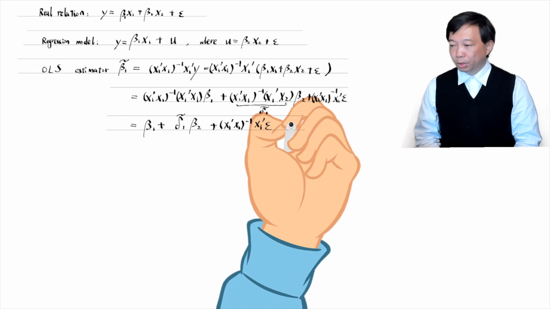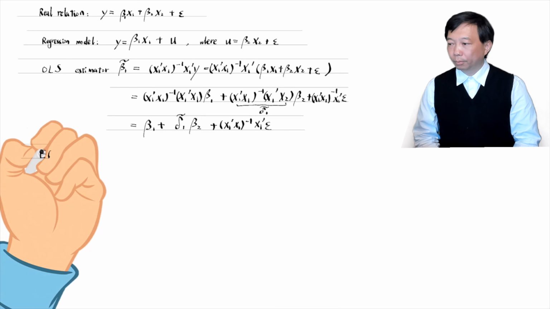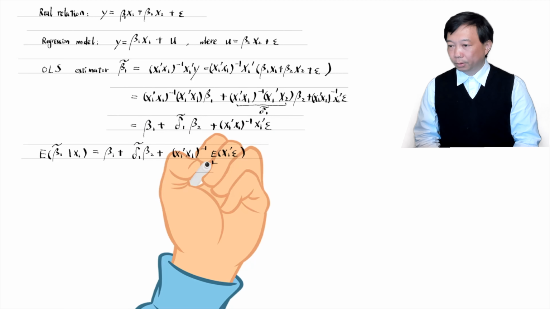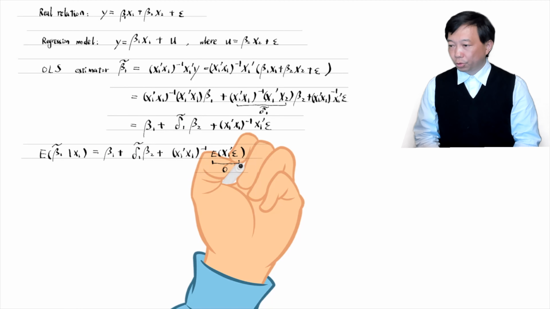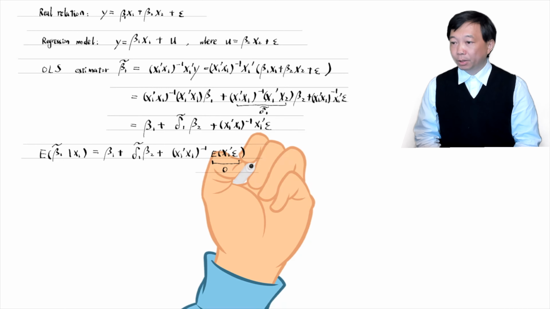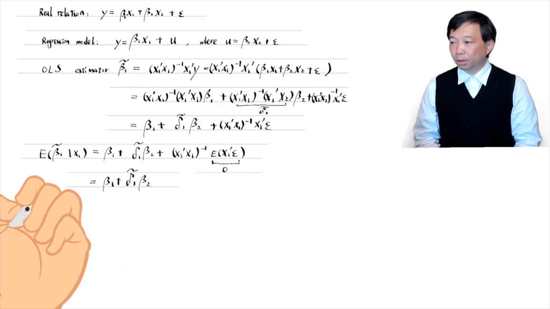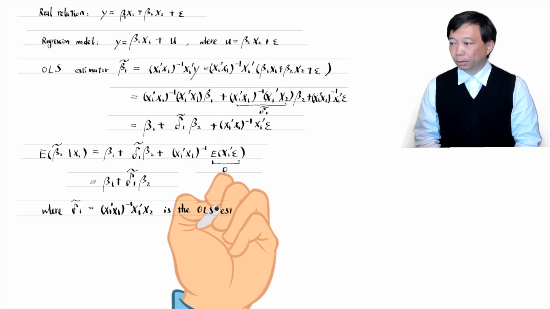We call it delta1 tilde. Then we write the expected value of beta1 tilde. Using the zero conditional mean assumption, the correlation between x1 and epsilon is zero. We can simplify beta1 tilde to two terms. We find that it is not equal to its true parameter beta1.